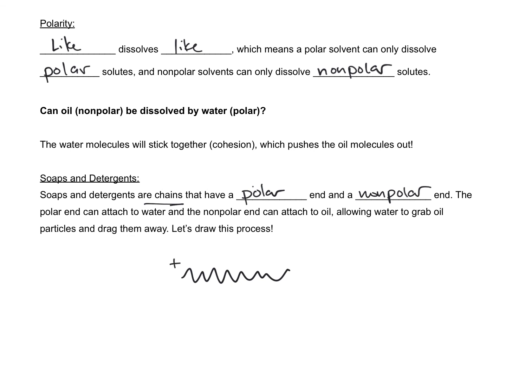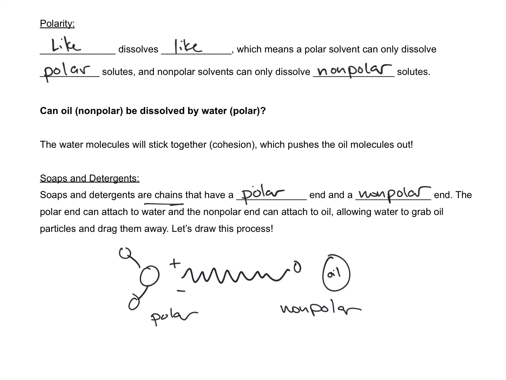One end has a positive and negative, and the other one is neutral. So this end is polar. This one is nonpolar. The polar end can attach to the water molecules, which look like this. The nonpolar end can attach to the oil. I'm just labeling it as oil.